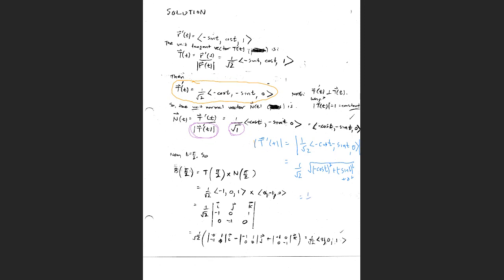And I'm getting 1, okay. That's 1 over root 2. So now that makes sense.